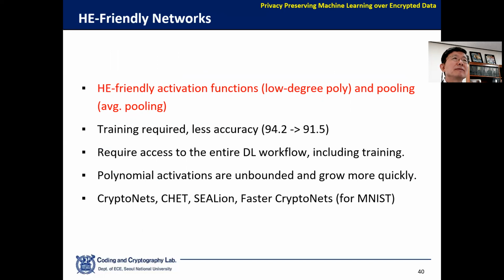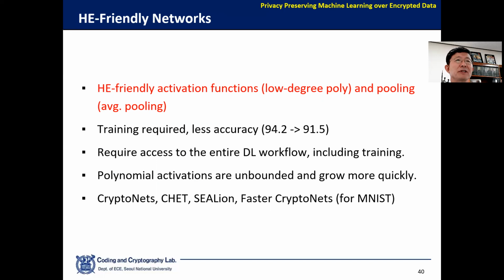HE-friendly network: the HE-friendly activation function is implemented using low degree polynomial, and average pooling is used. But the training is required with less accuracy, and it requires access to the entire deep learning workflow, including training.